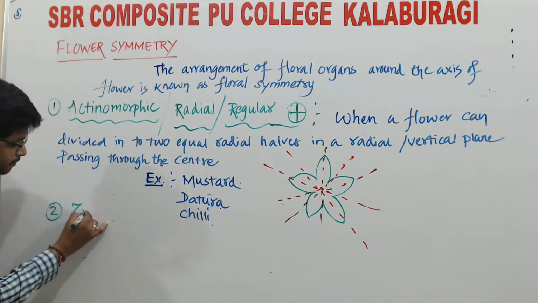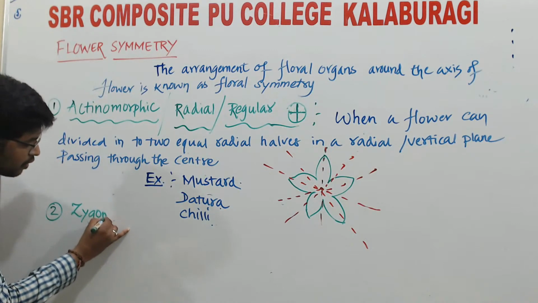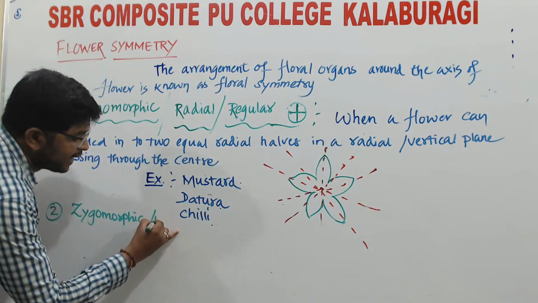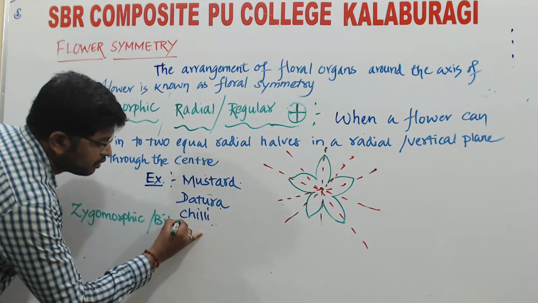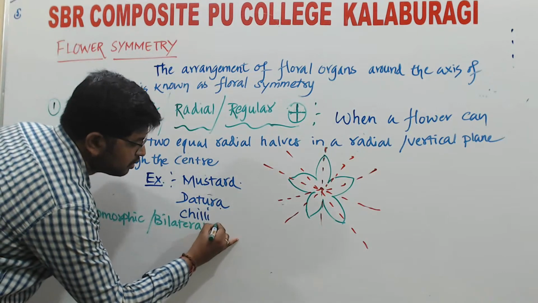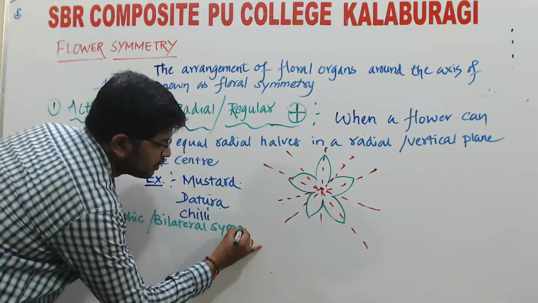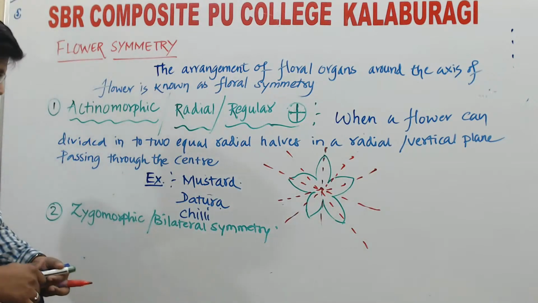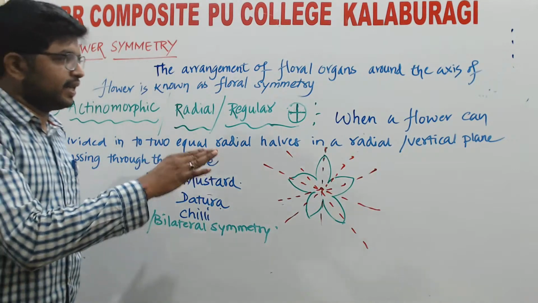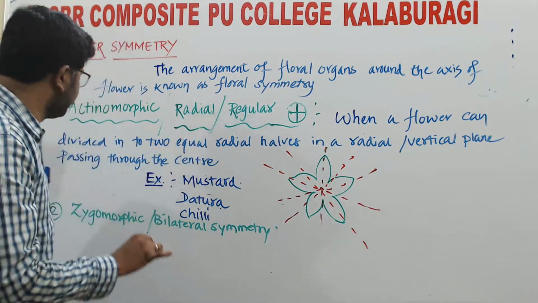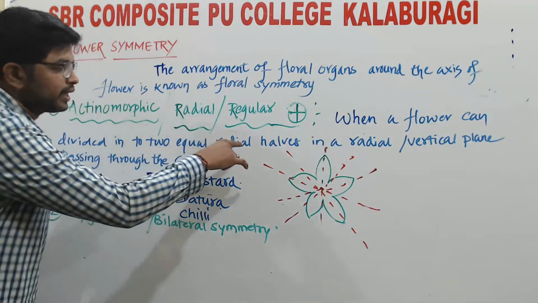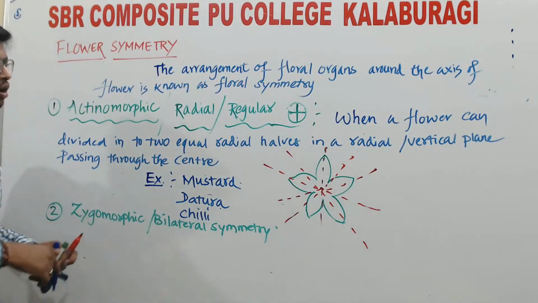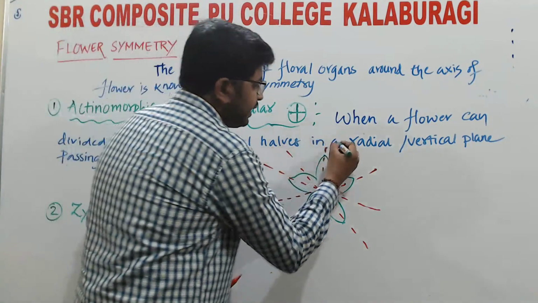zygomorphic or the bilateral symmetry. What is this zygomorphic or bilateral symmetry? Now, we said in actinomorphic, a flower can be divided into two equal halves in any radial plane or vertical plane, it should be any.